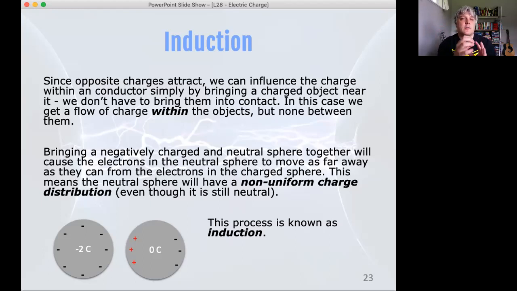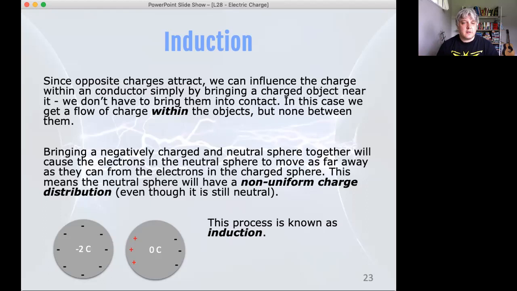So you now get a positive side to your sphere closest to the negative charged object. And on the other side of that neutral sphere, where the electrons run to, you now get a net negative charge if you just look at that side of the sphere. So what you end up with is the sphere which does not have a uniform charge distribution. It's got a positive side and a negative side.